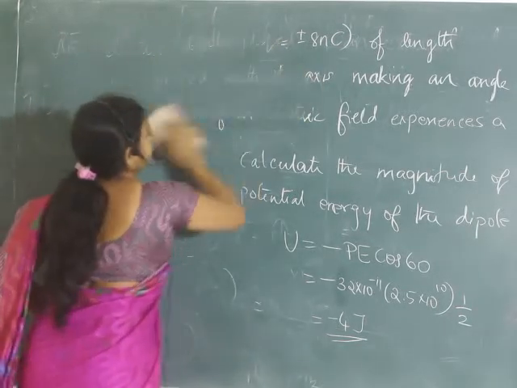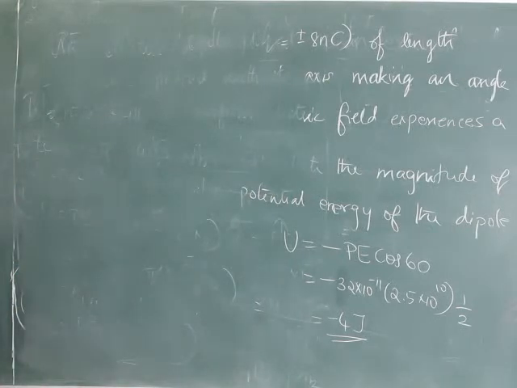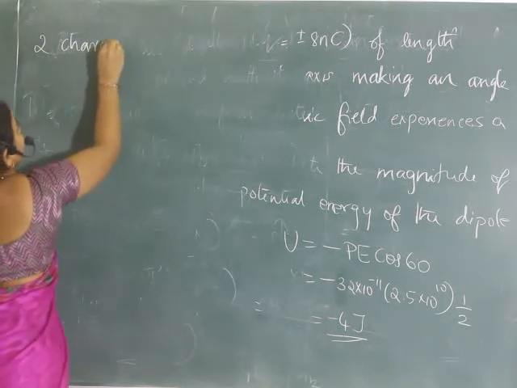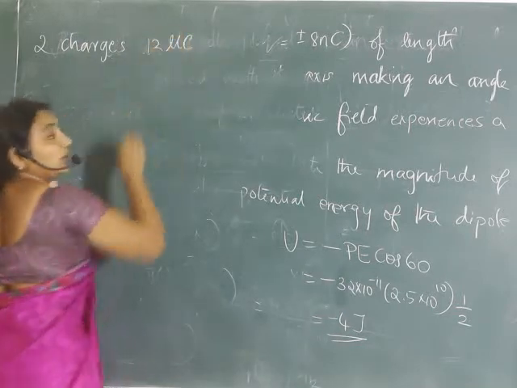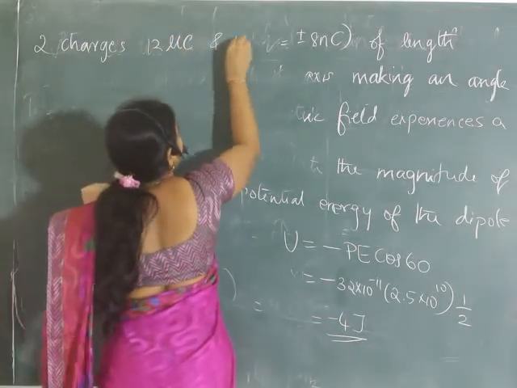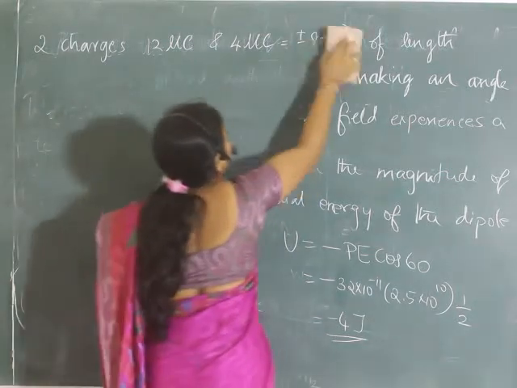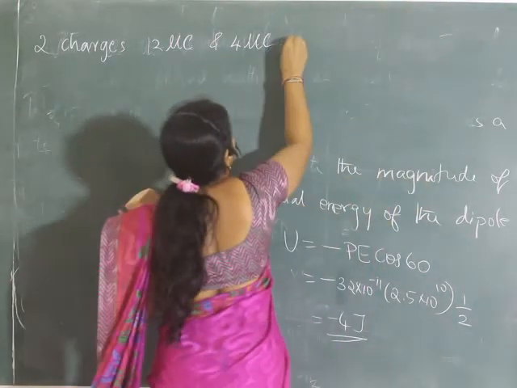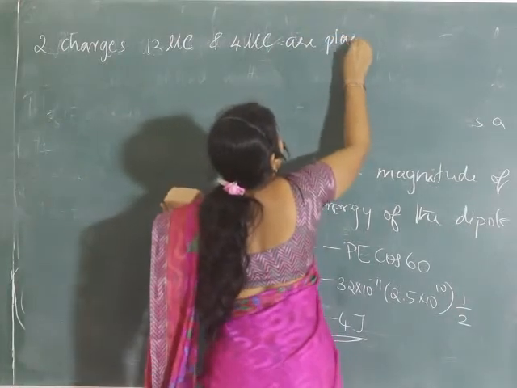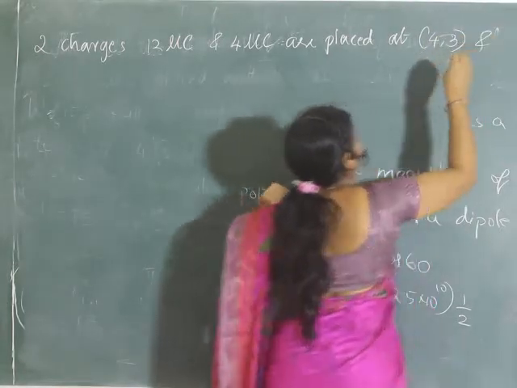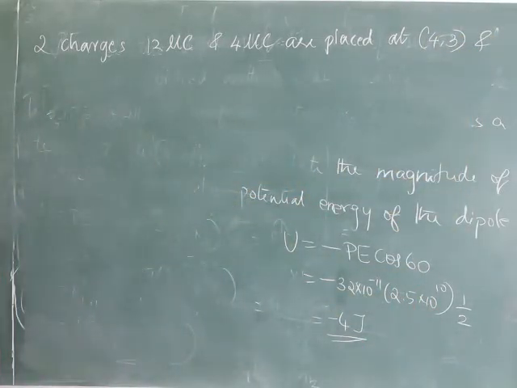Next problem. Two charges, 12 microcoulomb and 4 microcoulomb, are placed at 4, 3 and minus 4, 3.